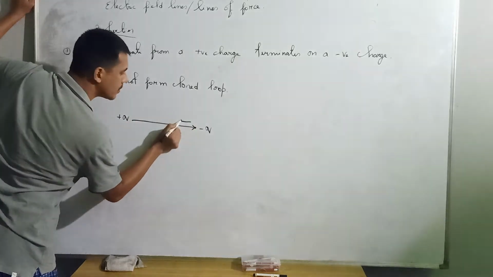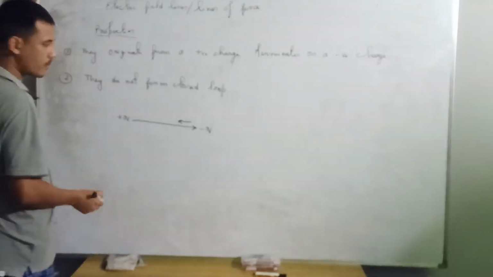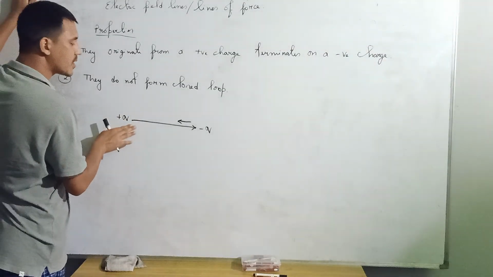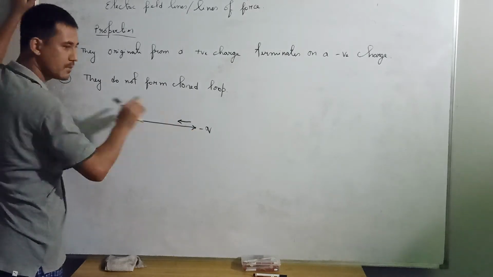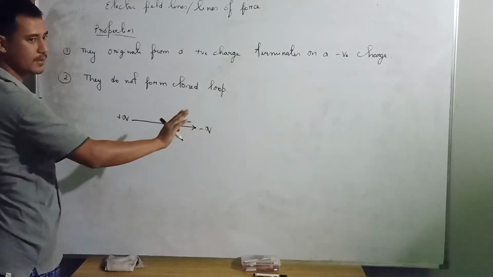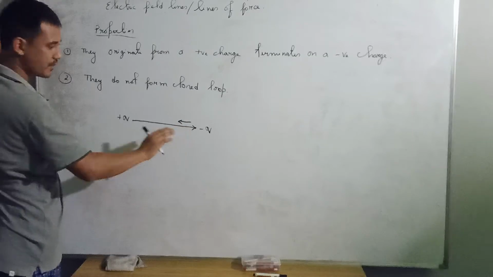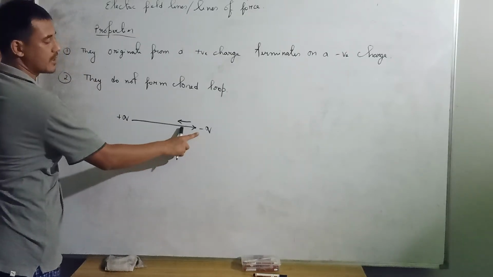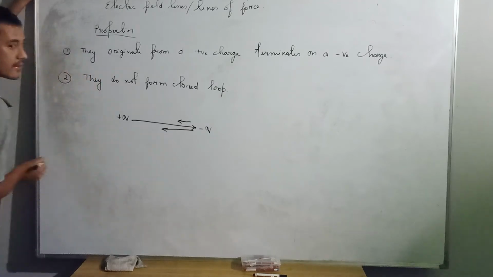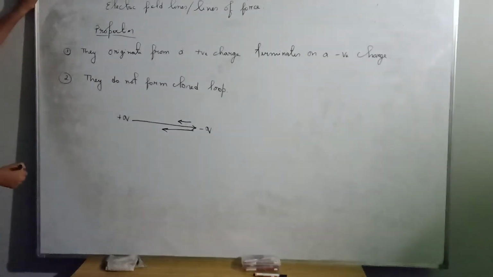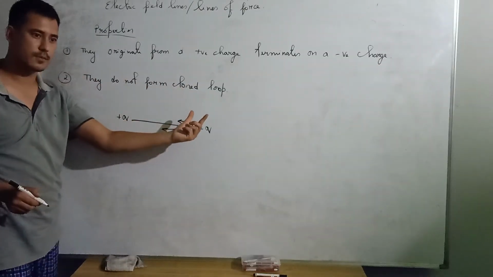But this field line will not come back. Once it originates from the positive charge, then it will terminate. Is it okay? It will terminate on the negative charge, and these lines of force will not come back again. Is it okay? That is why they do not form a closed loop.